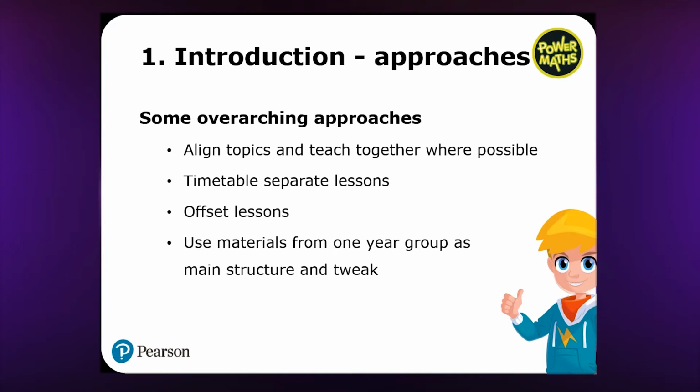I've given the example that way round, but in the following year, to avoid repeating contexts, you might choose to work predominantly from the year 5 materials and then tweak for year 6. So you'd be tweaking for the different groups in the class, potentially basing it on one year group's materials. That approach might be easier if you know the curriculum pretty well.